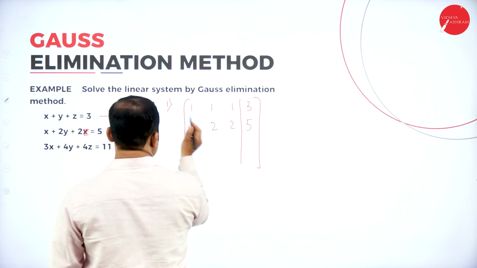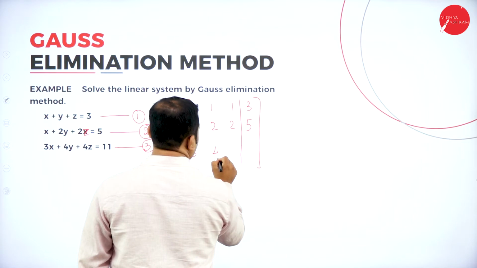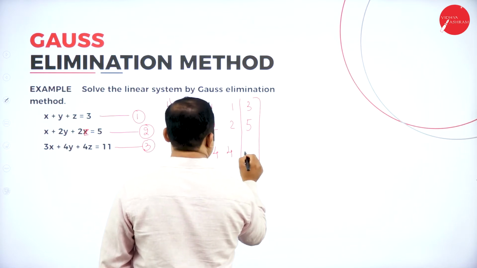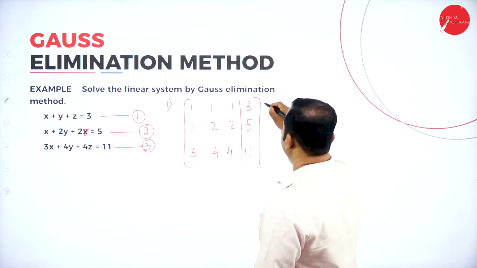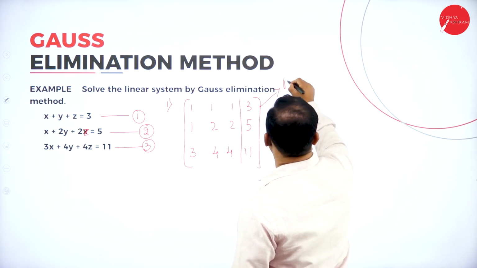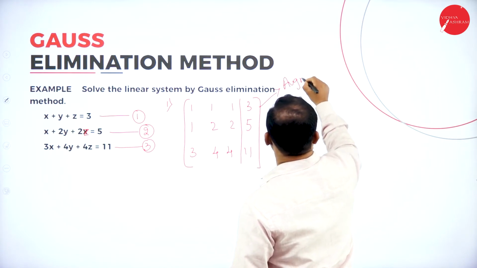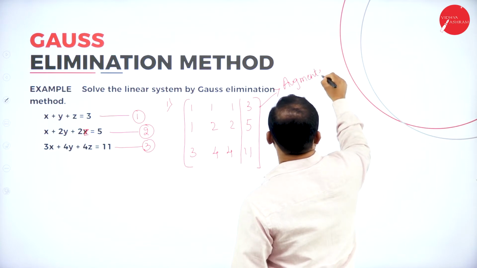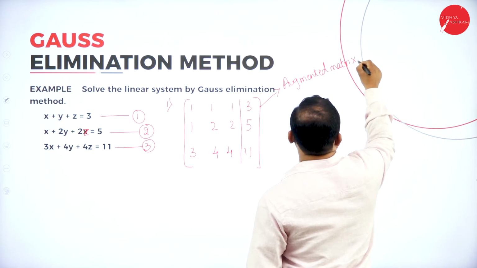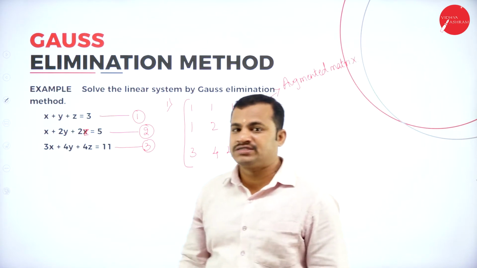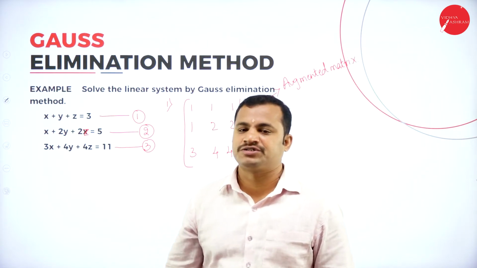The third equation, 3, 4, 4 and 11. This is an augmented matrix which needs to be written as a first step of solving the equations.